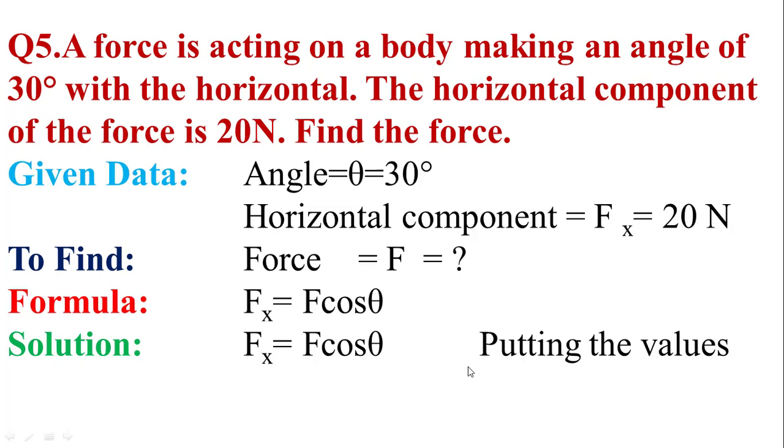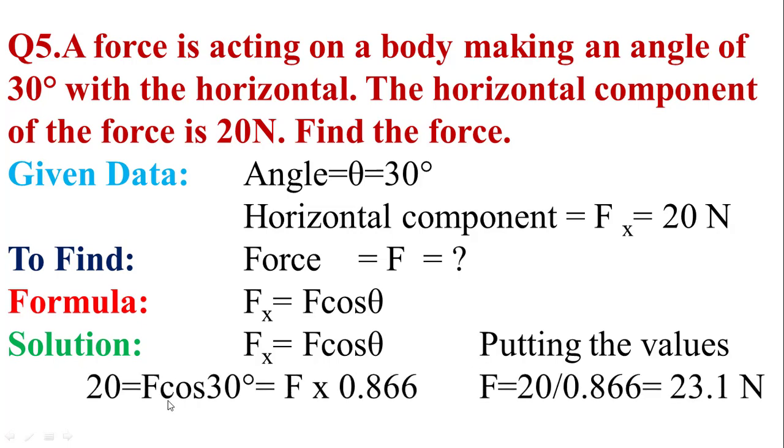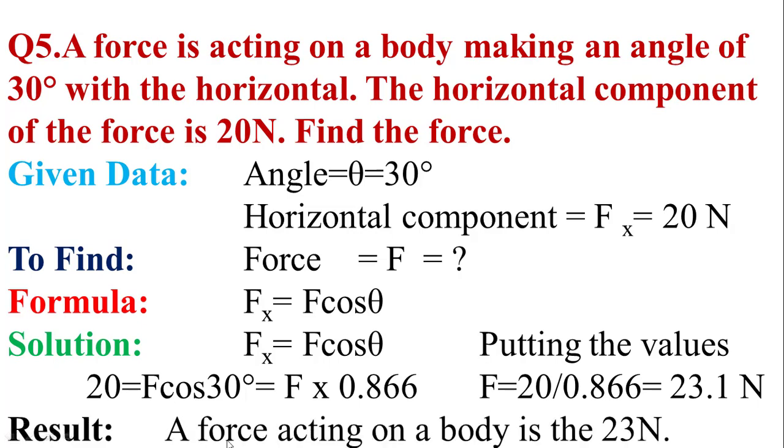Putting the values we have 20 is equal to F cos 30 degree, where cos 30 degree is 0.866. Dividing by 0.866 on the other side, we have F is equal to 20 divided by 0.866. Now 20 divided by 0.866 is equal to 23.1 Newton. So the result is the force acting on the body is 23 Newton.